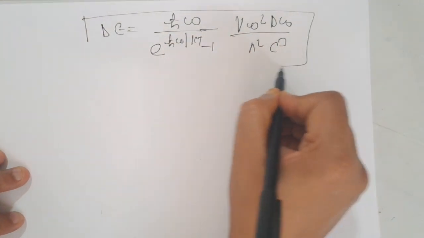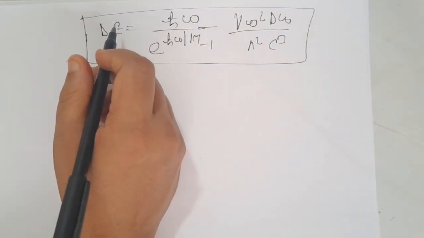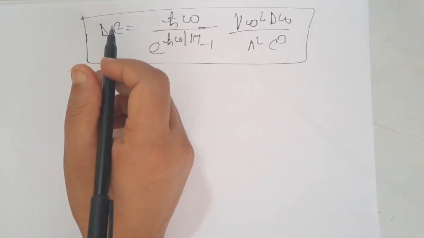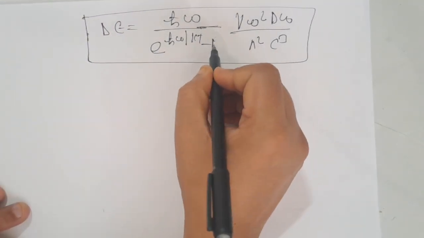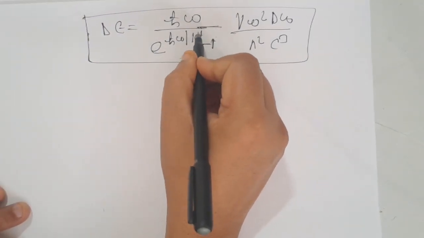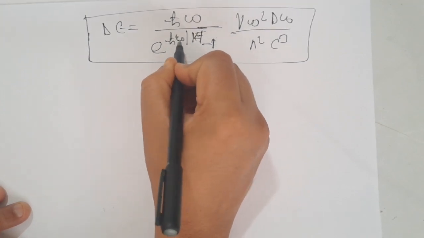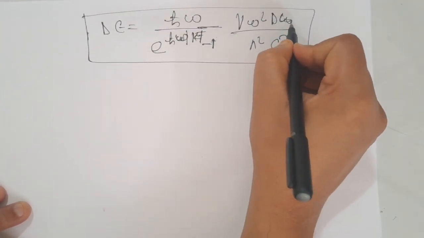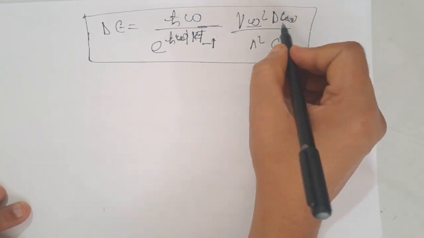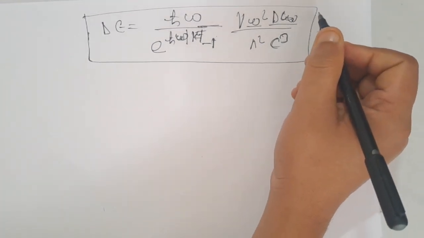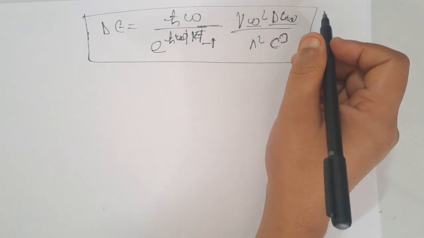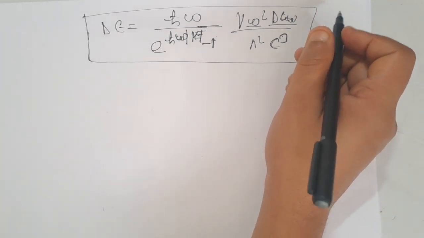This is the black body radiation law, where omega is the frequency.